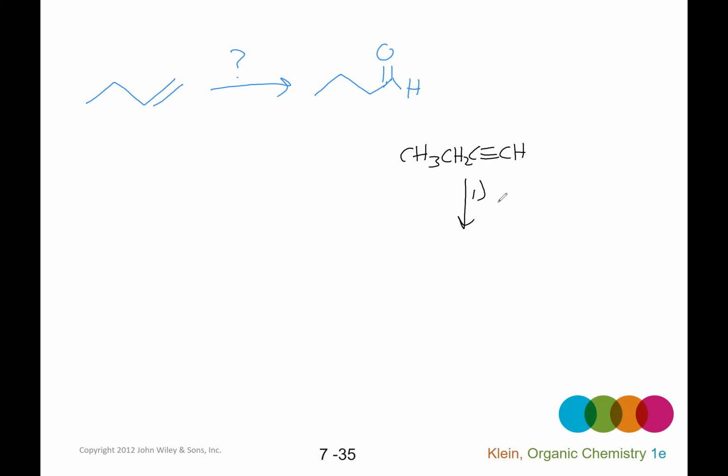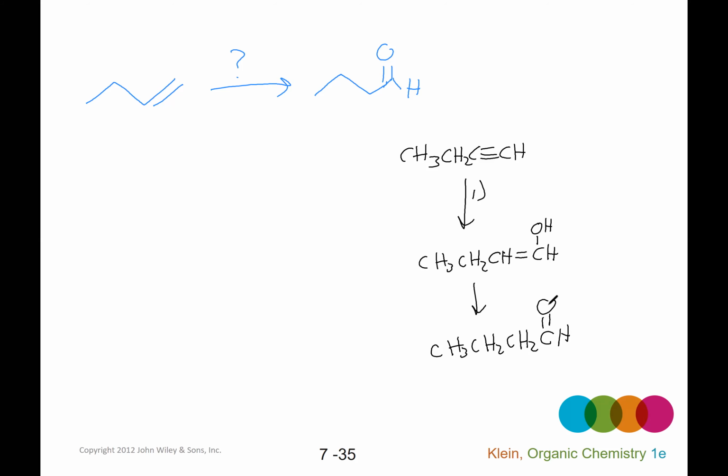But now you basically want to add the water anti-Markovnikov. If you add the water anti-Markovnikov, where the OH goes to the less substituted carbon, then when it undergoes the isomerization, you'll end up with the aldehyde, okay? So how do you do that?